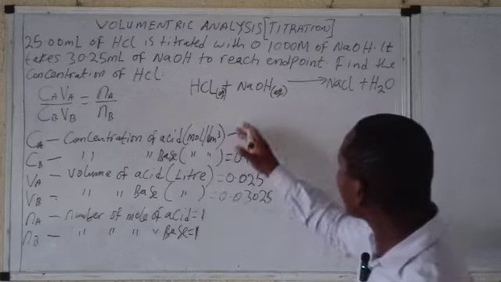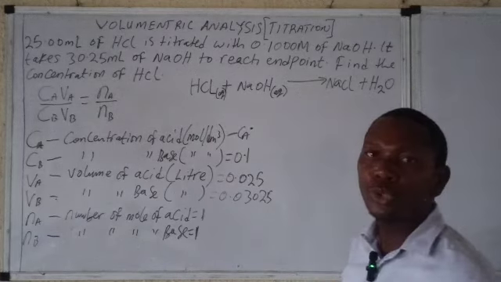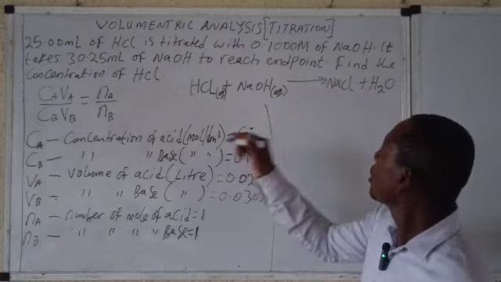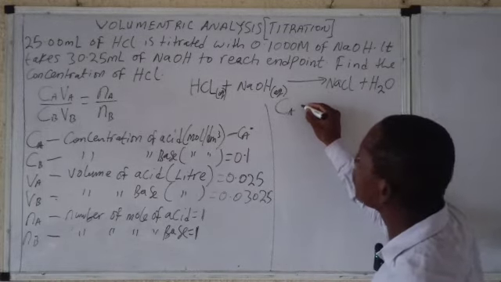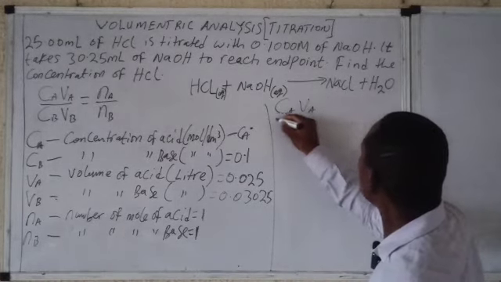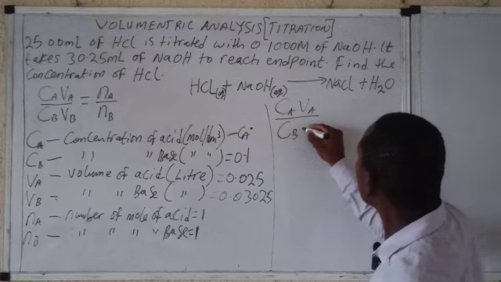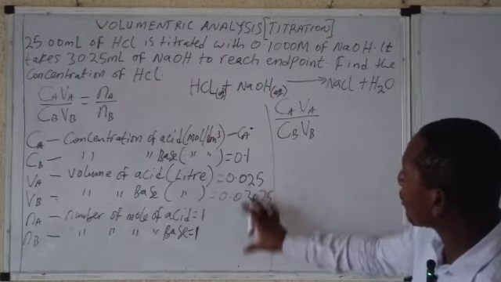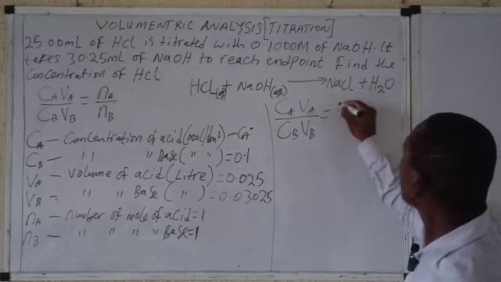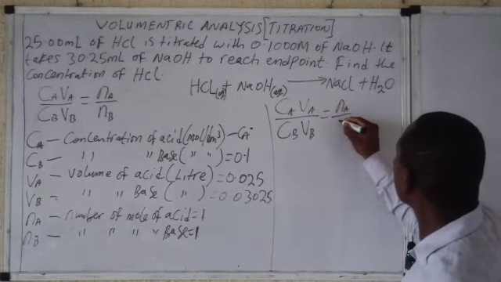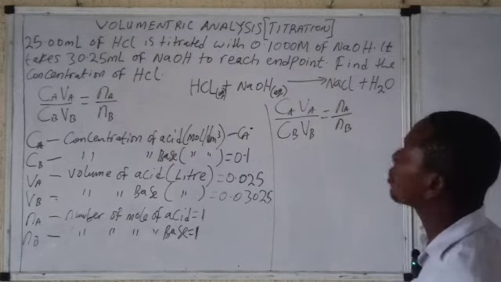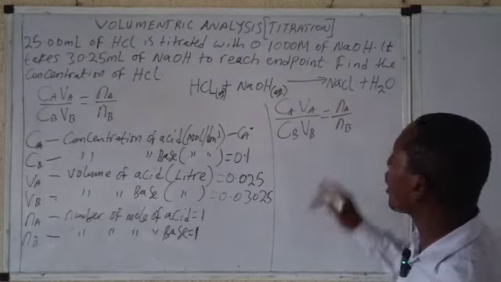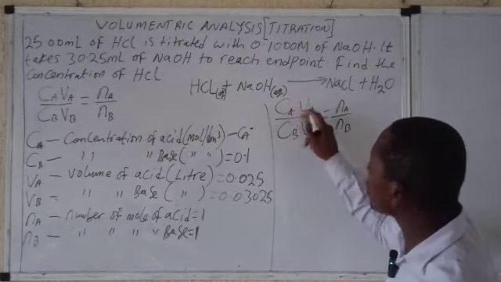Now you realize that we have everything apart from this, so you can now do your calculation. Let's use the formula CaVa over CbVb. Remember, we have highlighted all the parameters here, Na and Nb. So just put your figures into the formula. What is Ca?